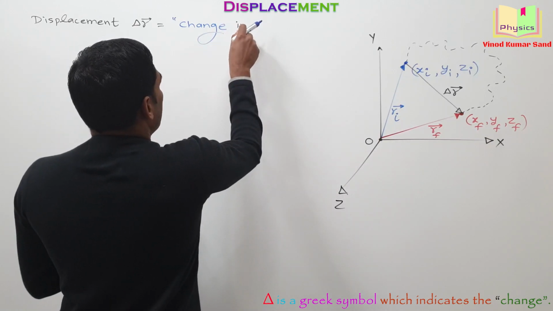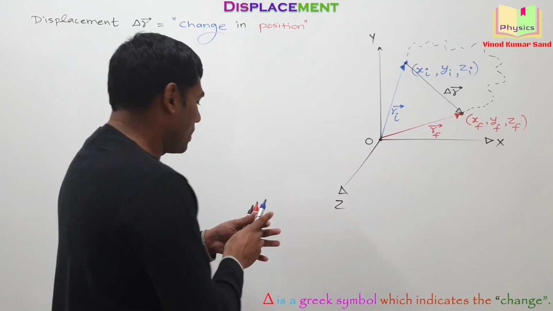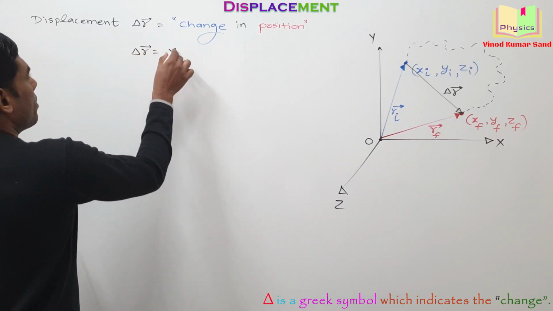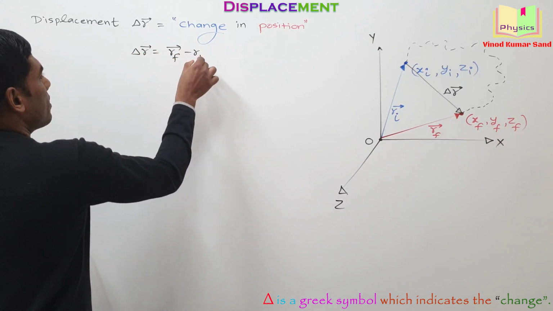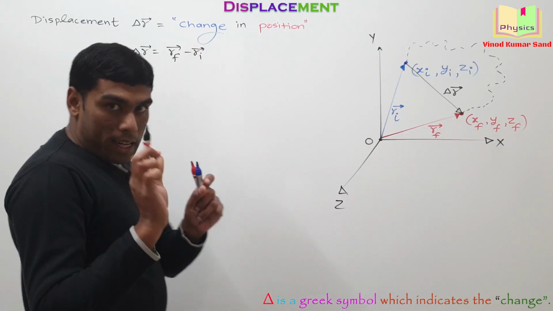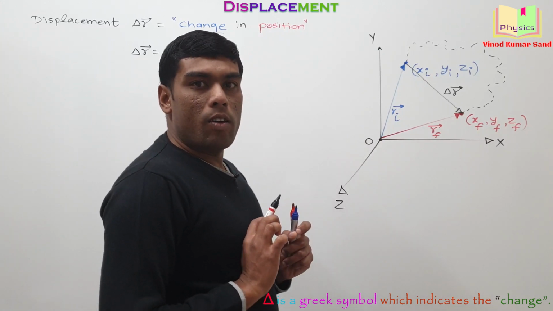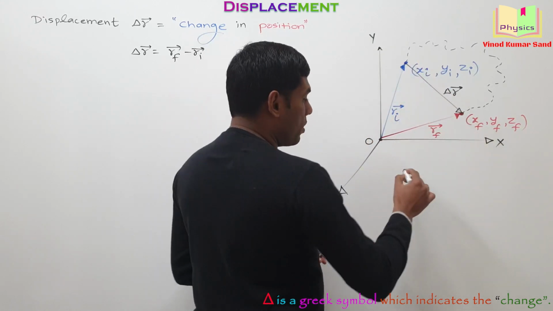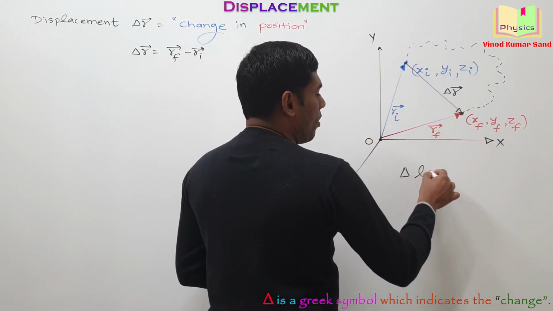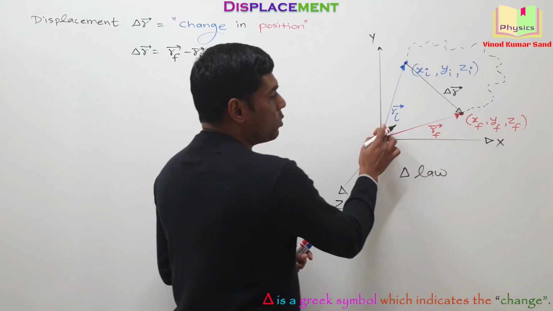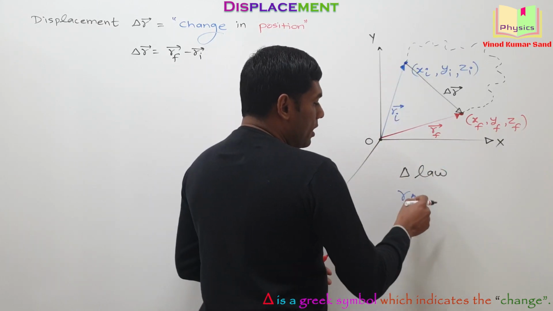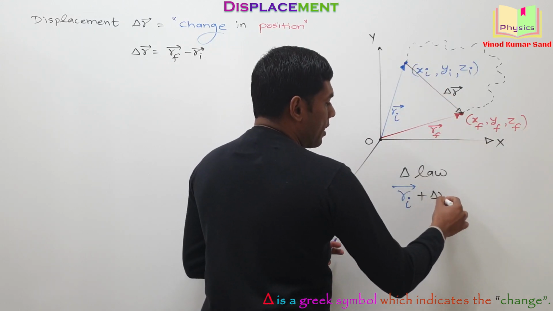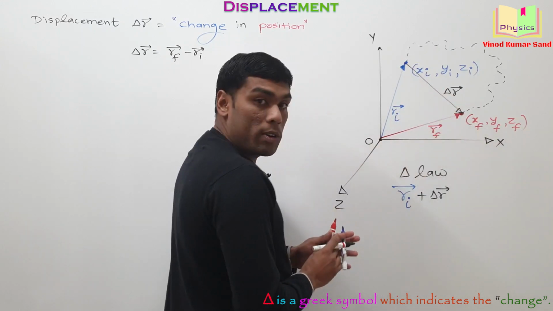Okay, so mathematically we can write this as del r vector is equal to r final vector minus r initial vector. I can prove it using the triangle law of vector addition. You look at these 3 vectors and you try to apply the triangle law of vector addition. What you should write? R initial vector plus del r vector should be equal to what?